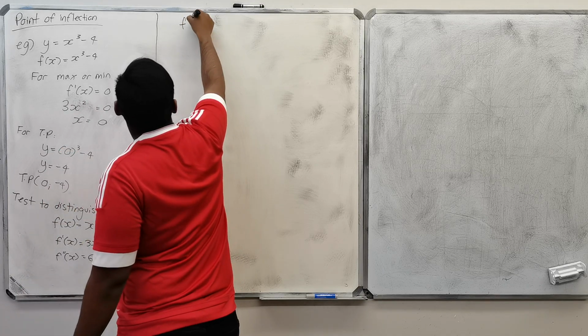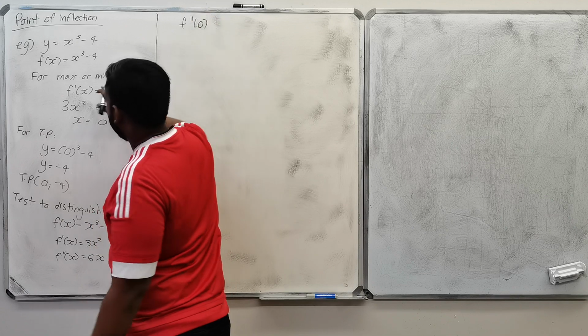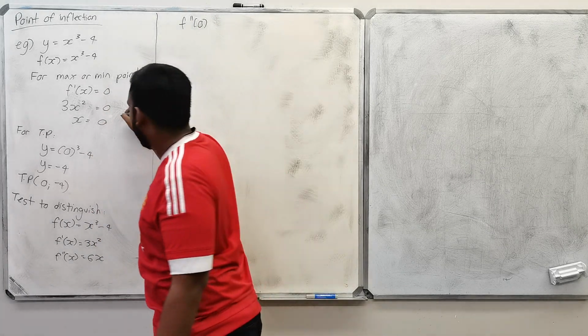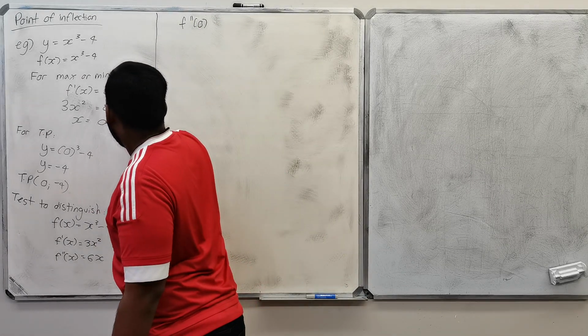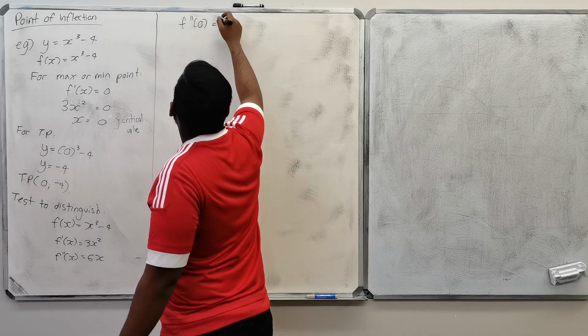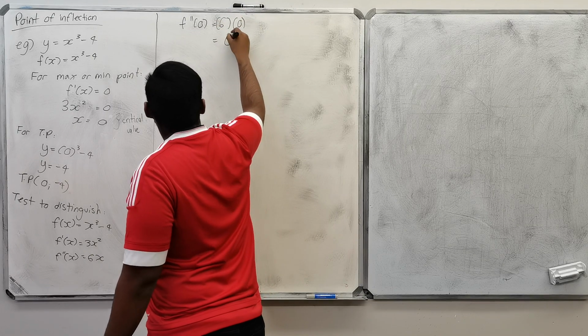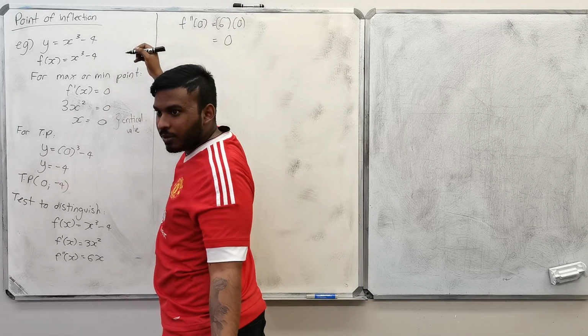For f double prime of 0, because that's our critical value here, this would be 6 times 0, which is 0.